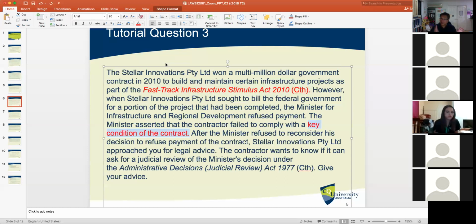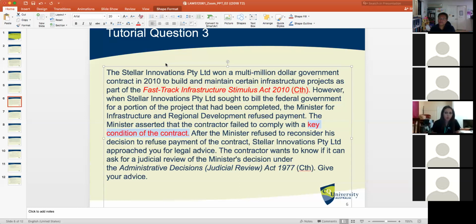For there to be recourse under the ADJR Act, it has to be clear that the refusal was made on the basis of the enactment itself. But in this case, the refusal was based on the general laws of contracts. And so following Griffith University versus Stan, there can be no recourse under the ADJR Act because the decision was made not under the enactment, but on the basis of the general law of contracts.